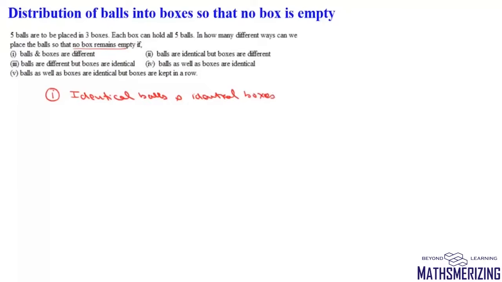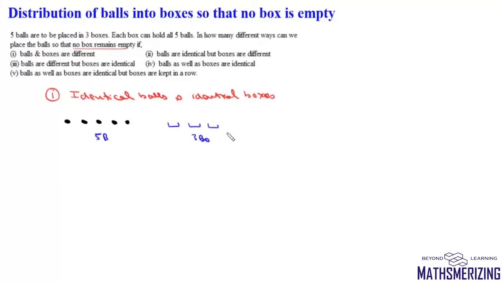So now we have 5 balls which are identical, and we have 3 boxes which are also identical.